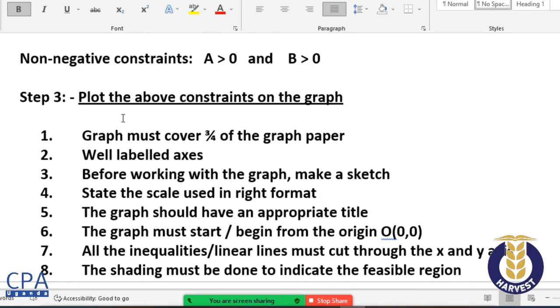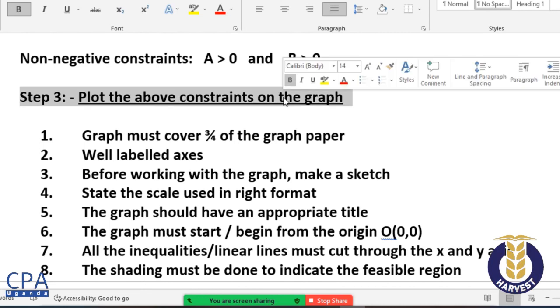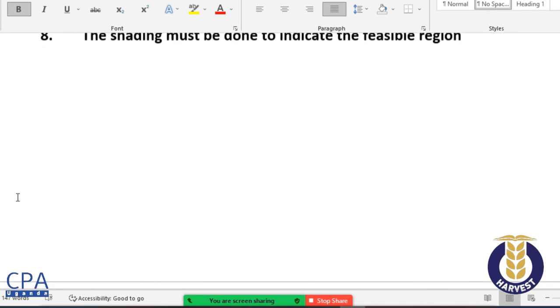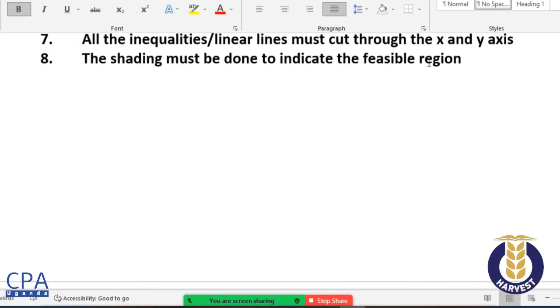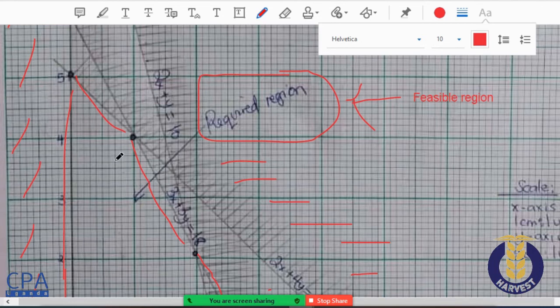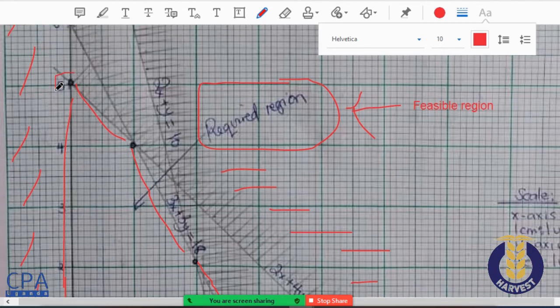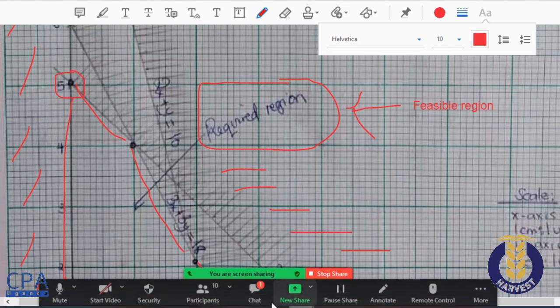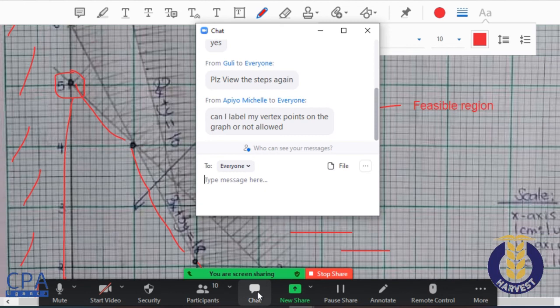Now, after plotting those inequalities on the graph, we now go to step number 4. We read off the vertex points of the feasible region. The first vertex of the feasible region is this one here, 0, 5. Can I label my vertex points on the graph?